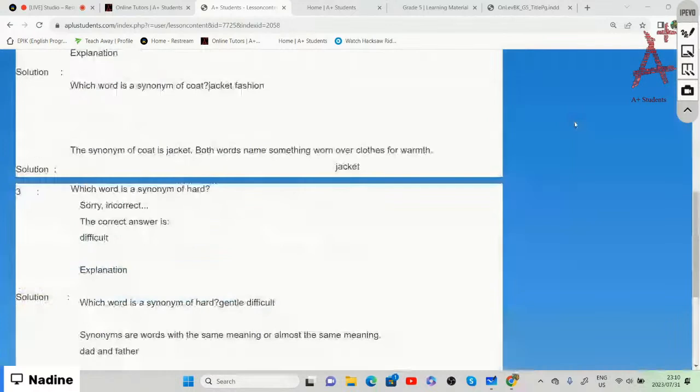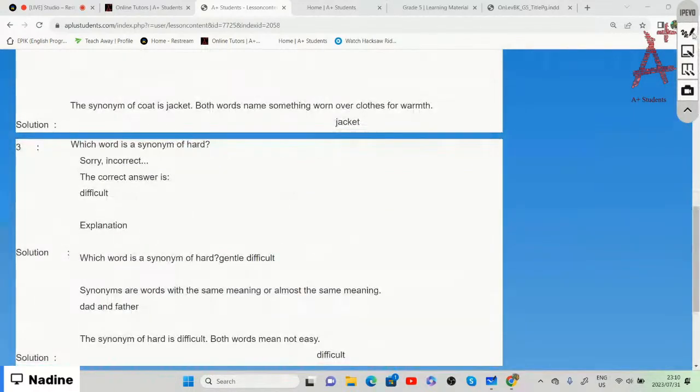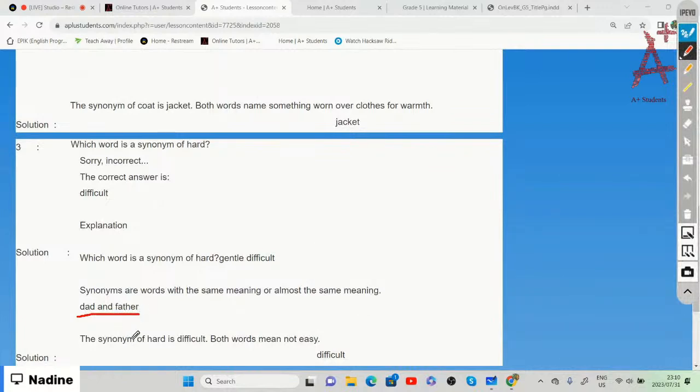If we think of another word, look at this word over here, dad and father. They are synonyms of each other, which means that the synonym of dad is father, because dad and father are words that almost mean the same. Dad takes the role of being a father, or father takes the role of being a dad. Some of us call our dads dad, or daddy, or father.